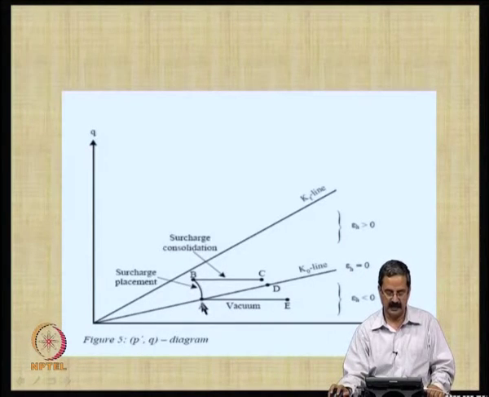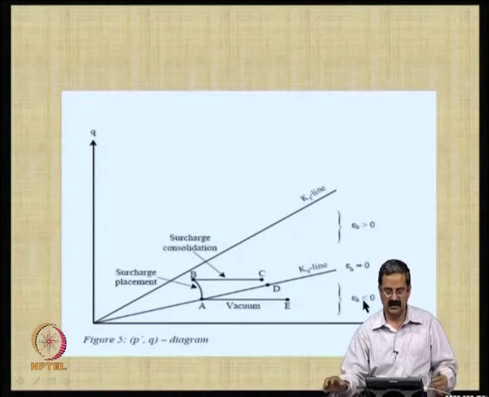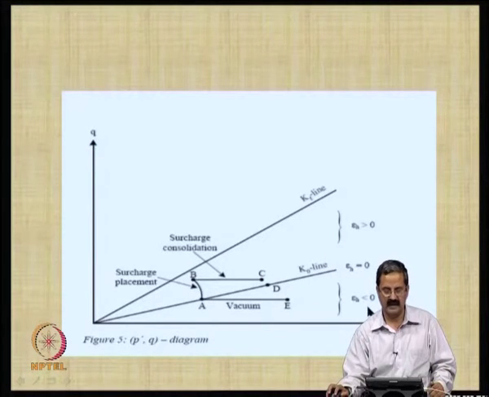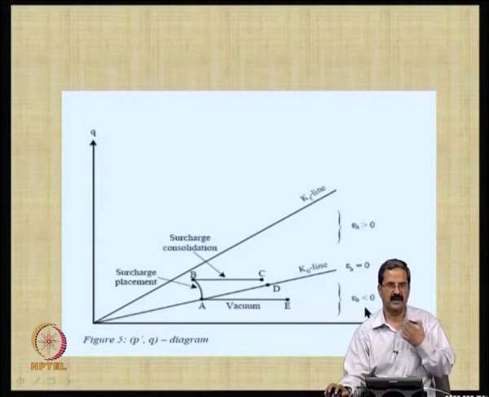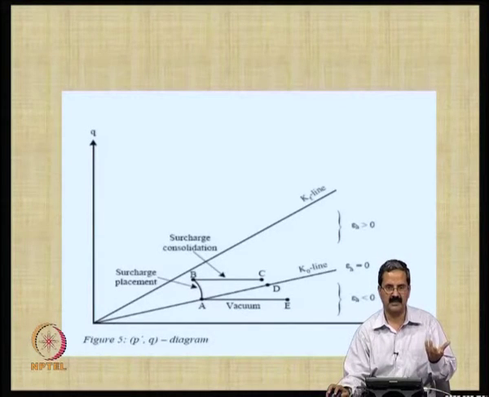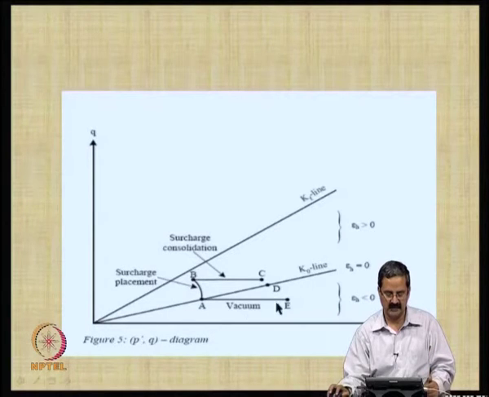And here what is happening? You have created a vacuum, which means that you have increased the effective stress. So, P has increased to a particular point, and still it is not strained, there is no strain there. They always say that a compacted sample will have less compressibility compared to a saturated soil, as simple as that.